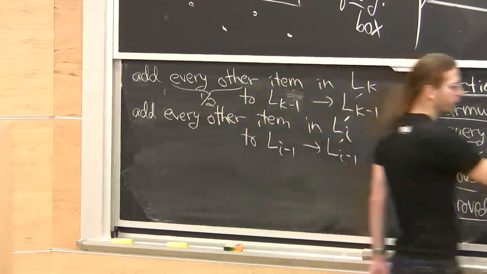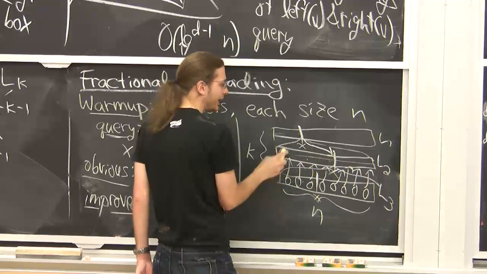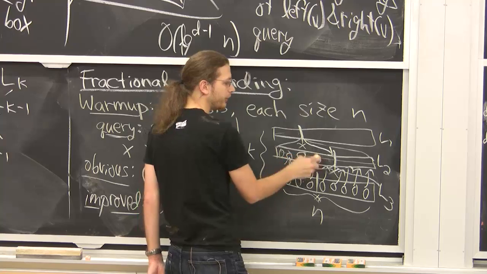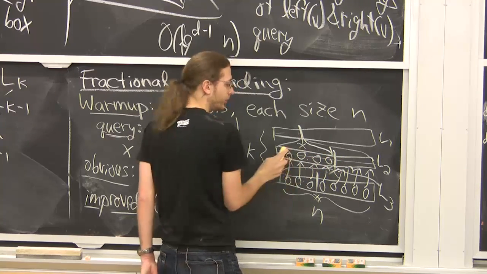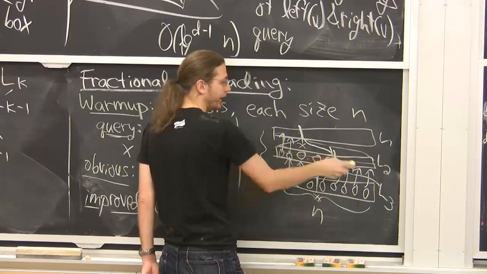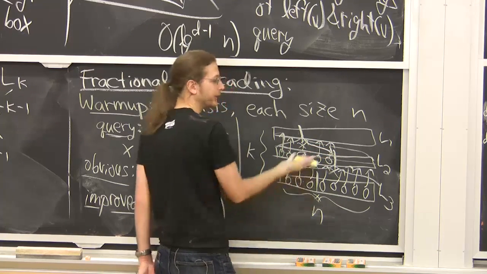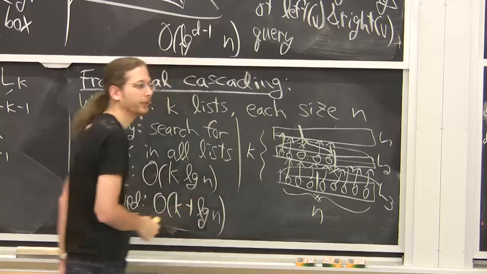The prime is the important part here. So I've got this new larger version of L2. I take half the items from here. Some of them may be items that were in L3. Some of them are items that were originally in L2. But half of them get promoted to L1. And so I keep promoting from the bottom up.